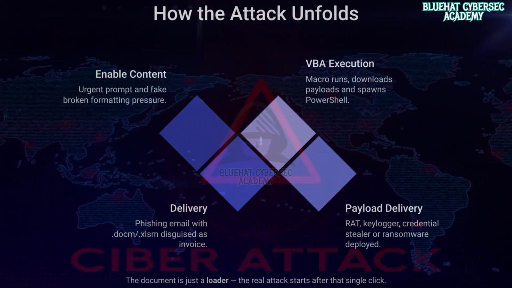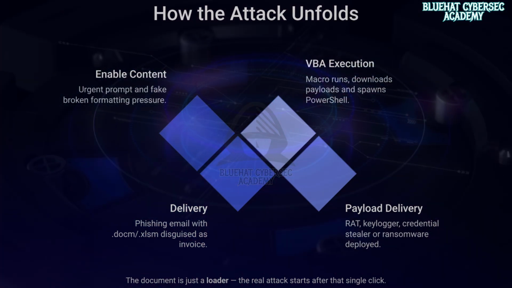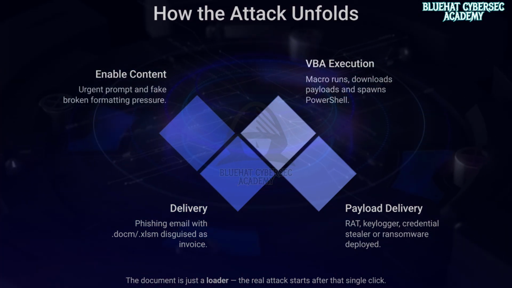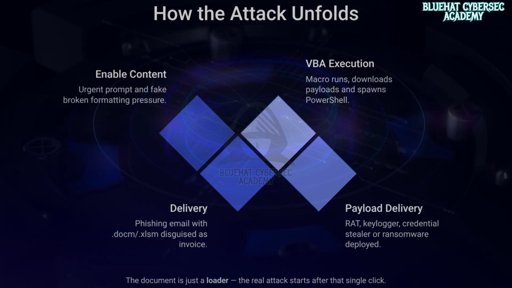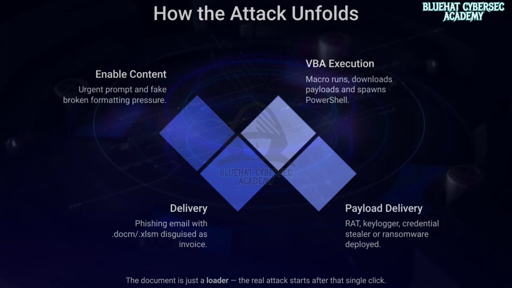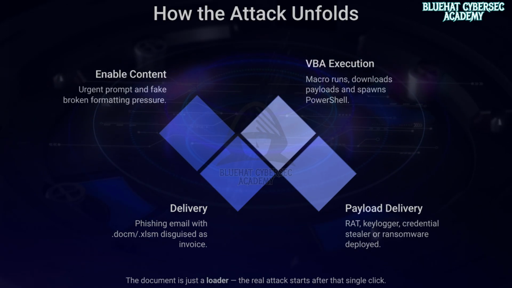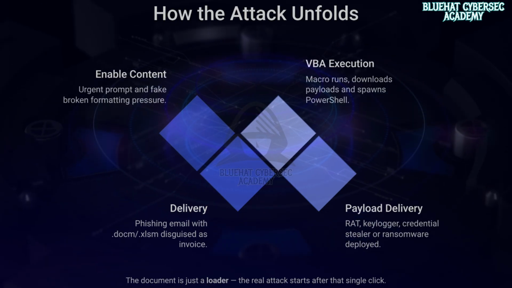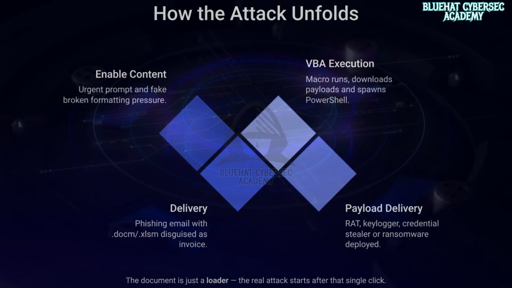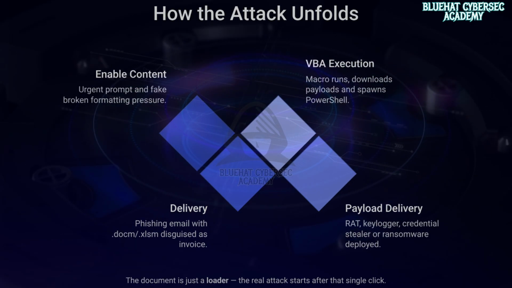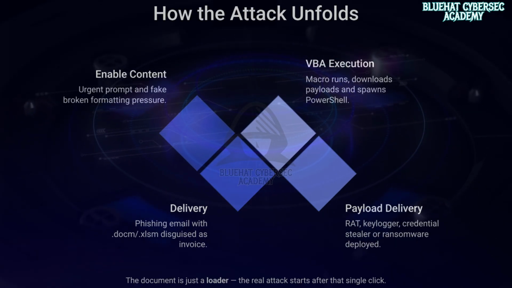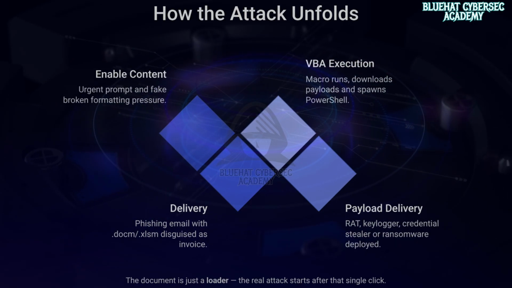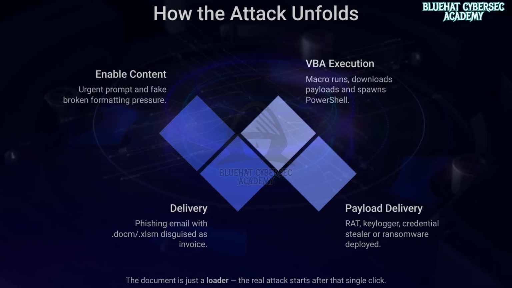From there, the code can quietly download additional payloads, run PowerShell commands, write files to disk, or attempt persistence so the system remains infected even after reboot. But this stage is rarely the final objective. The document itself is usually just a loader, a trigger that starts something larger rather than delivering the full attack immediately. After that comes payload delivery, where the actual malware is retrieved.